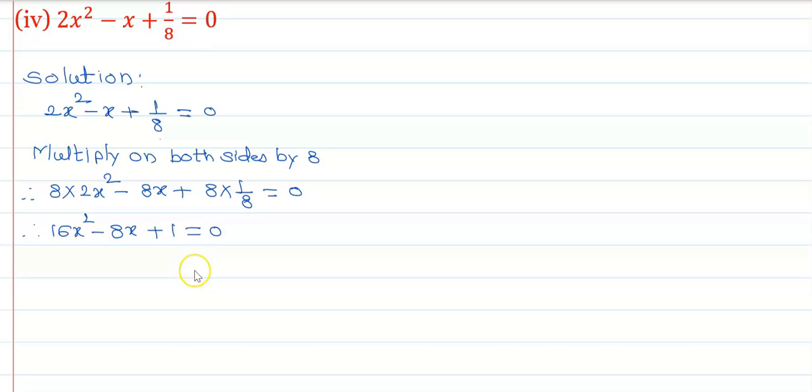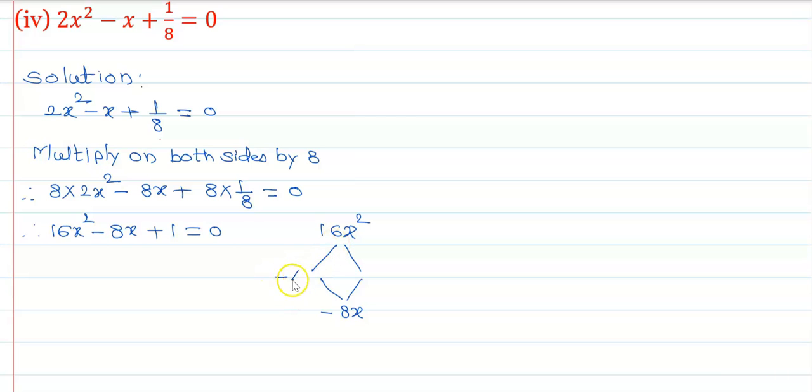Now to solve this quadratic equation, the multiplication of the first term and the last term is 16x square, and the middle term is minus 8x. Now what are the two numbers whose sum is minus 8x and the product is 16x square?